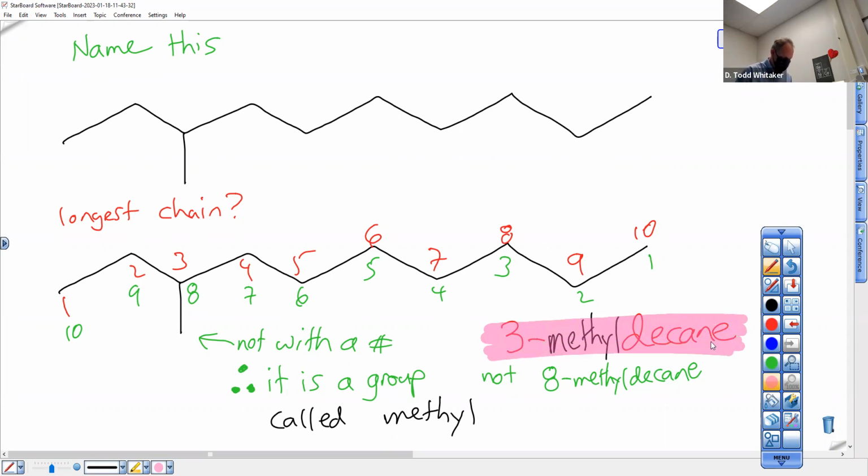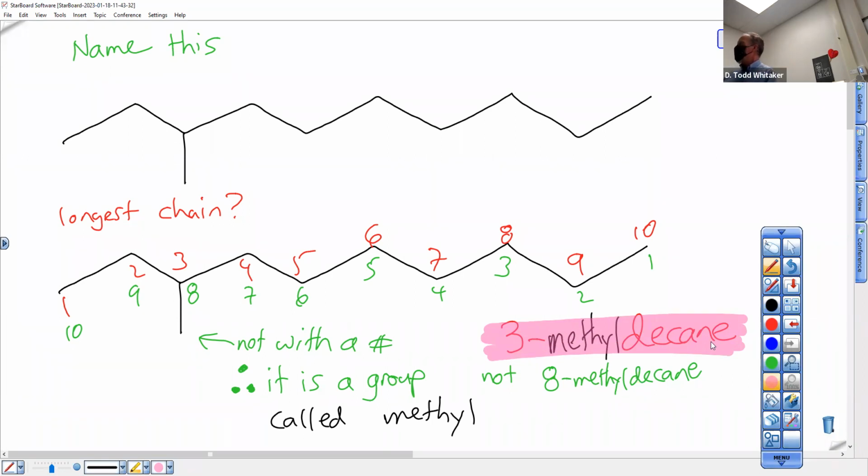All right, we got that. Let's do some more. Let's just build a little bit at a time. You ready? I got a question. Yeah. So with what you just said about the small number, if the methyl part was over at the red 8, it would still be called 3-methyl?